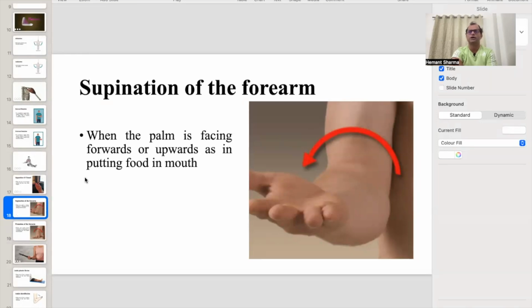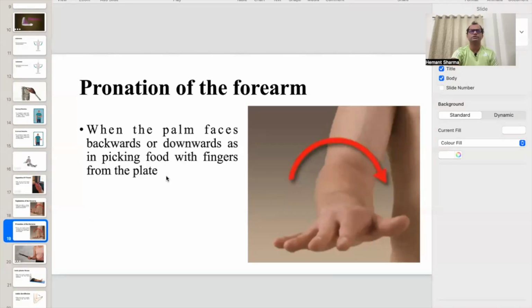Like जैसे आपको खाना खाना है, as in putting the food in the mouth, you want to put the food in the mouth, so palm is upward, that is supination. And what is the pronation? Pronation is when the fingers are toward the plate, picking the food.